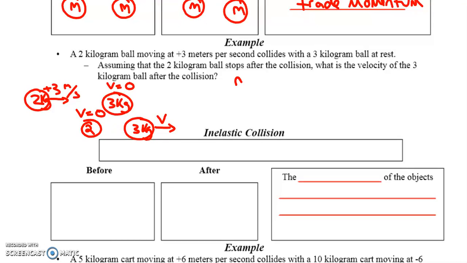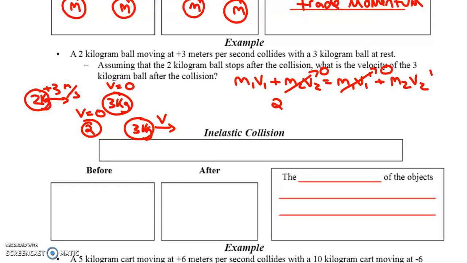So I can write my conservation of momentum equation and cross off some things that are 0. Before, the 3 kilogram object wasn't moving. And then after, the 2 kilogram object stops. So our equation simplifies pretty quickly here.